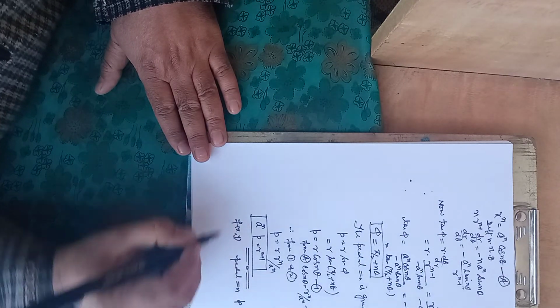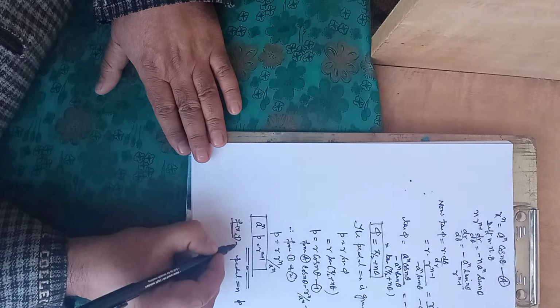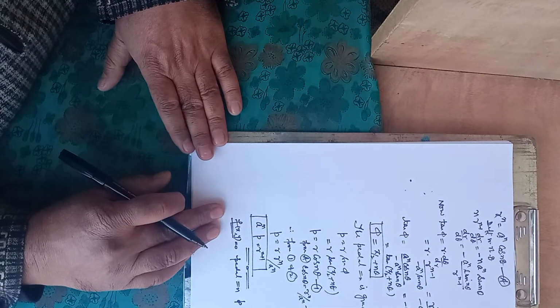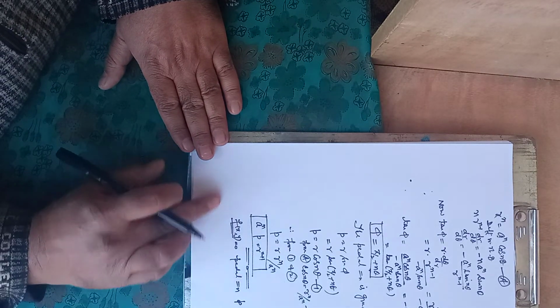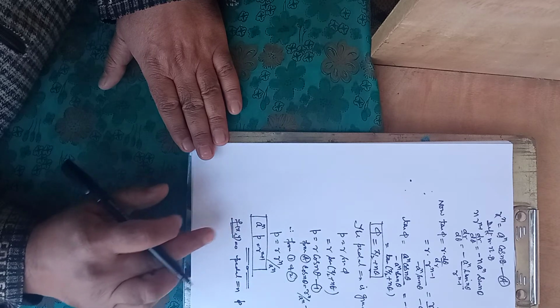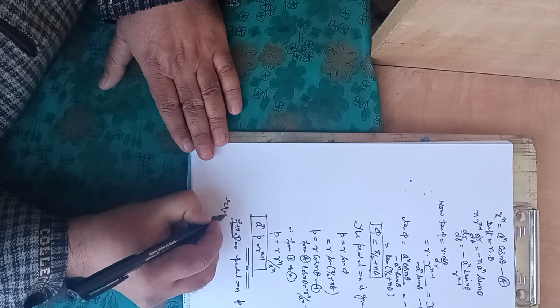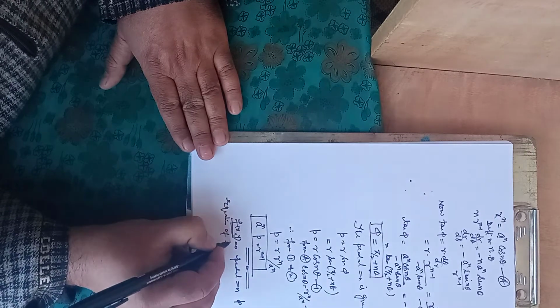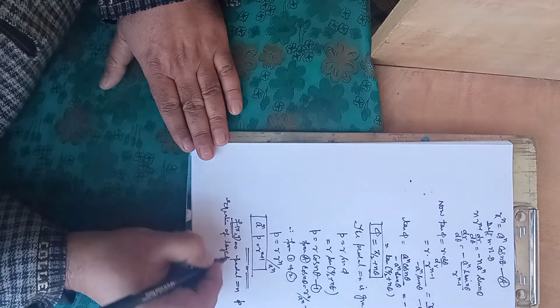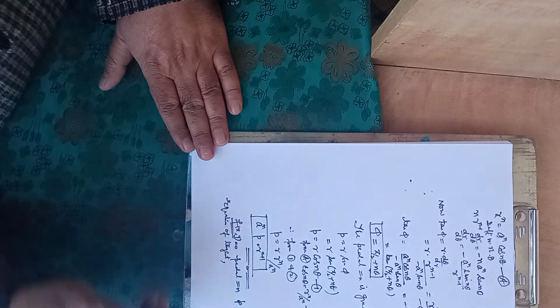So you first need to find the equation of the tangent. You know the equation of the tangent in xy form: y minus y1 equals dy by dx times x minus x1. You have to find the equation of the tangent.